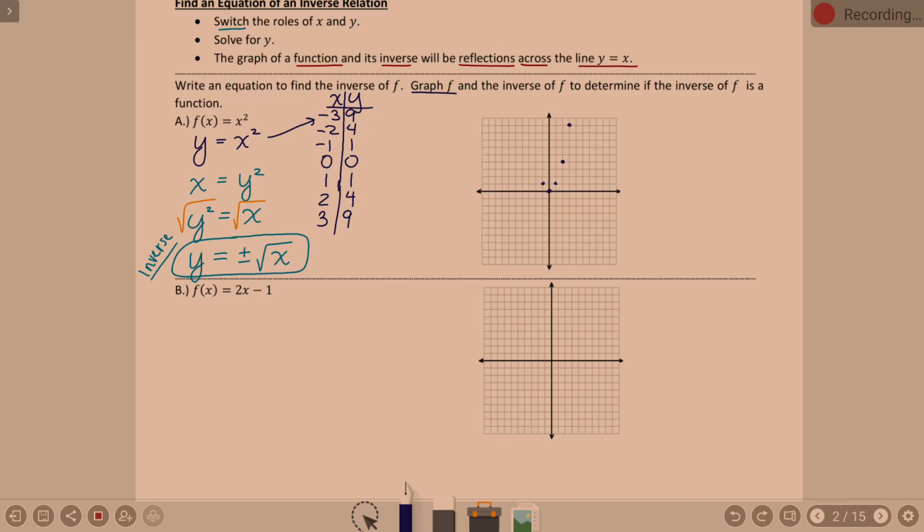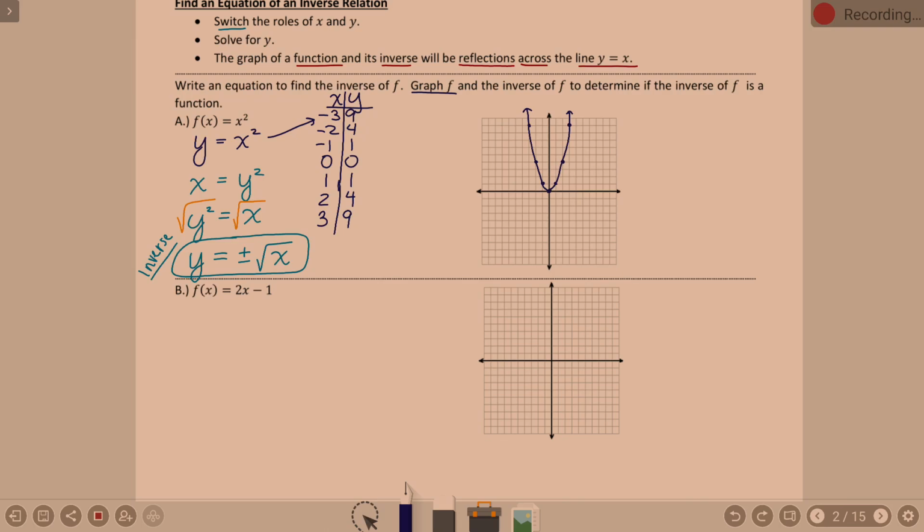Over 1, up 1. Over 2, up 4. Over 3, up 9. Parabola. Okay, there's your parabola.